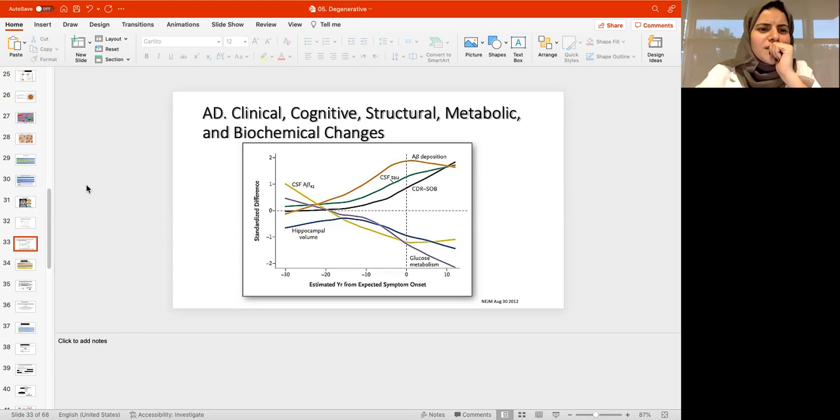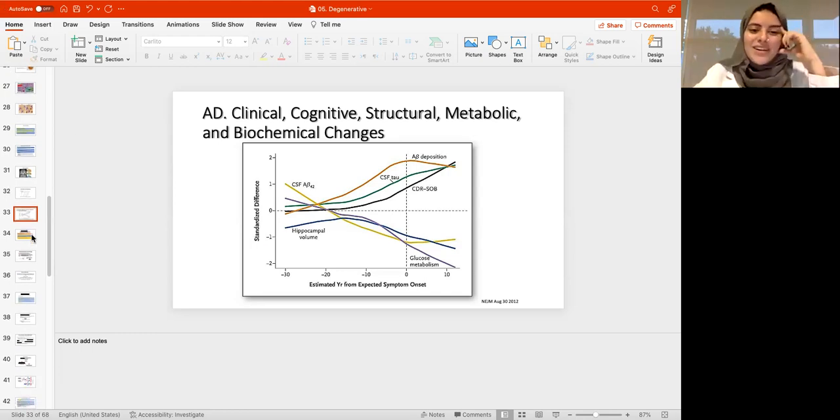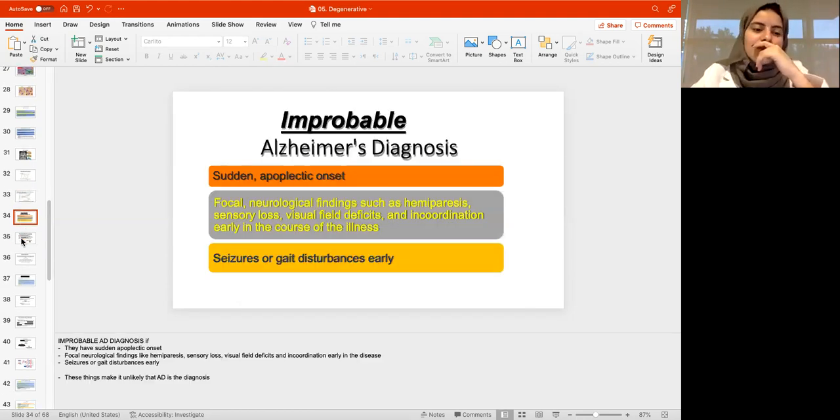It's almost the same as the one before, talking about the CSF tau and beta. I myself skipped this. As soon as I see graphs like this, I directly skip, and it's helped me so far. Usually the slides where the doctor stops and talks and actually points to the graph, that's when you know he actually cares about the graph. But I just realized this is recording. It's okay.